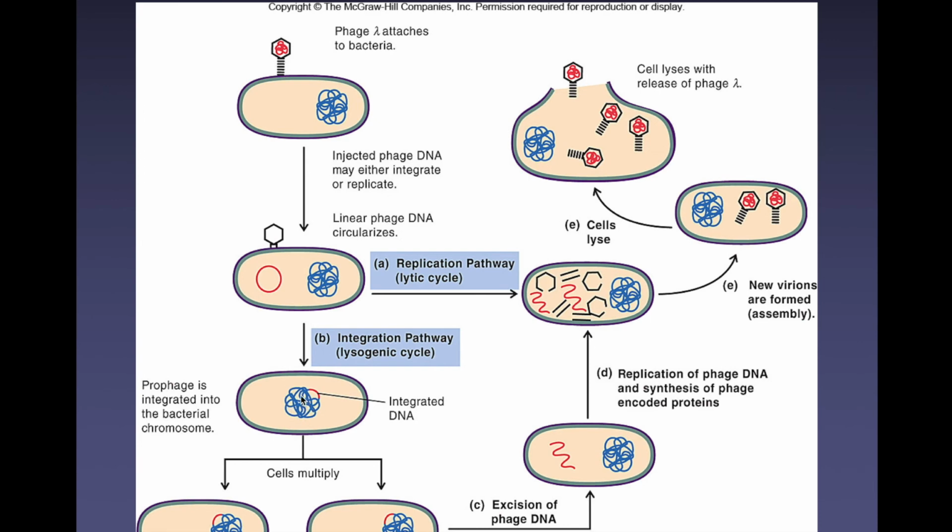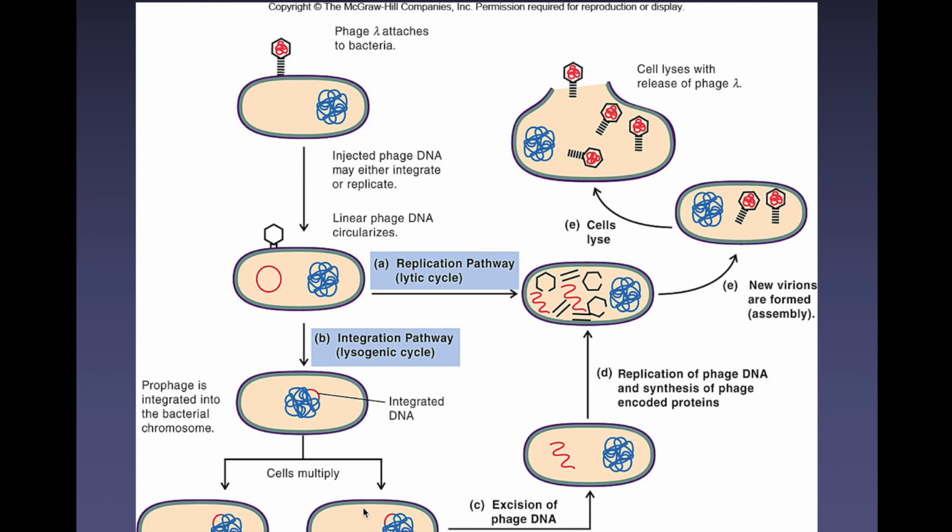In this case, the bacterial cell is really not altered, or potentially could be modified slightly by gene expression changes based on genes that are encoded on this prophage DNA. That would be lysogenic conversion, which we'll see a picture of in just a minute. But in this case, the host cell stays alive, it continues to replicate just as normal, and during its normal replication process, it also replicates that integrated DNA.